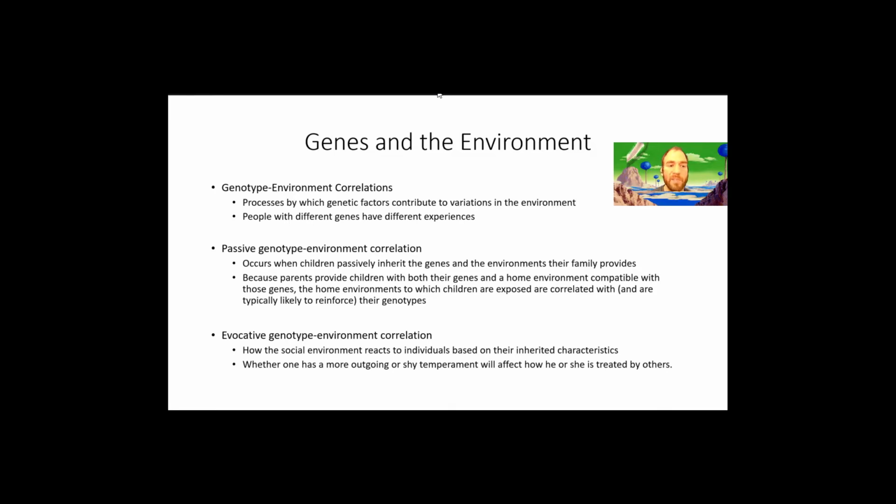Now, moving on to evocative: how the social environment reacts to individuals based on their inherited characteristics. Whether one has a more outgoing or shy temperament will affect how he or she is treated by others. So the idea here is that if a child is born with a very argumentative temperament, for example, people are probably going to be argumentative back to them, or hostile towards them, which then reinforces that gene, and then it's kind of a cycle where their genes are being reinforced by their environment.